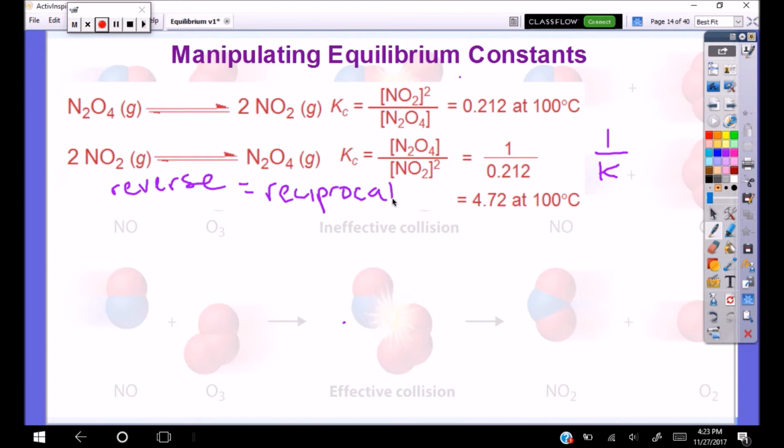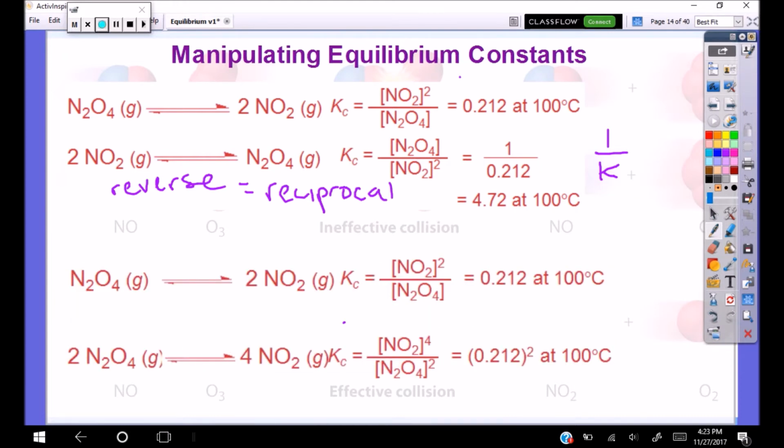The equilibrium constant is also proportional to the coefficients, and since it's proportional to the coefficients, changing or doubling our reaction, so here's 1 and 2 going to 2 and 4, changing our coefficients will affect our Kc. Sure enough, increasing that scale, we would end up squaring our equilibrium constant.